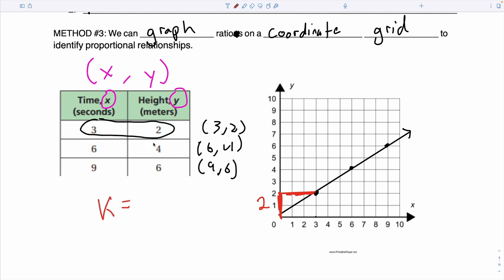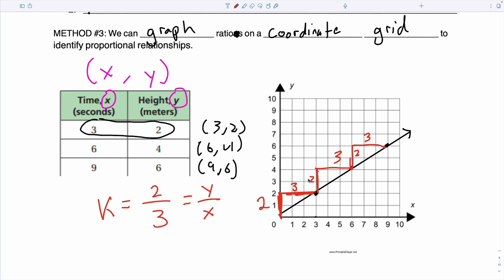That's your y value. You just went over 3. That's your x value. What does that look a lot like? It kind of looks like the constant of proportionality. When you graph something, you can draw stairs up 2 over 3 to get your constant. Go up 2 and over 3.